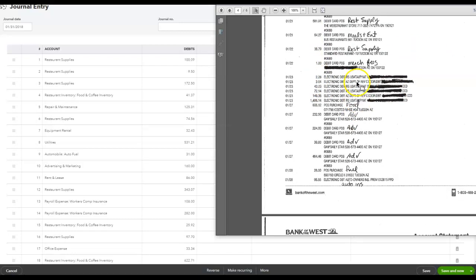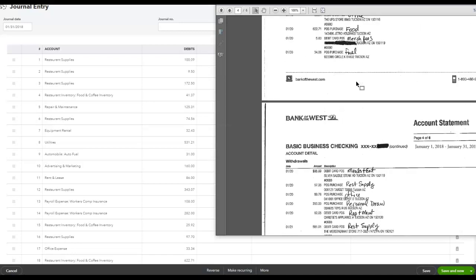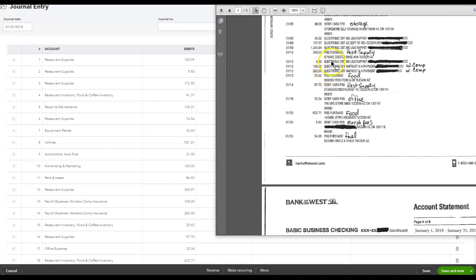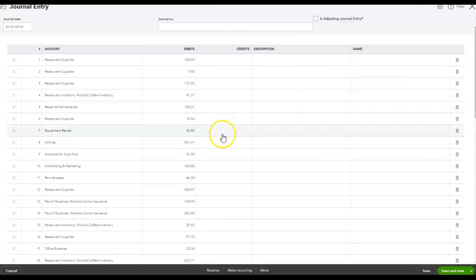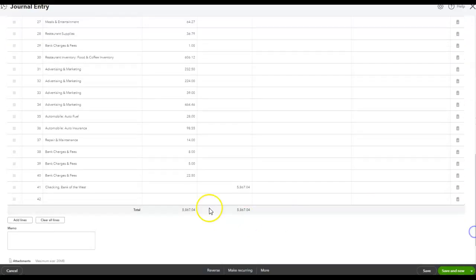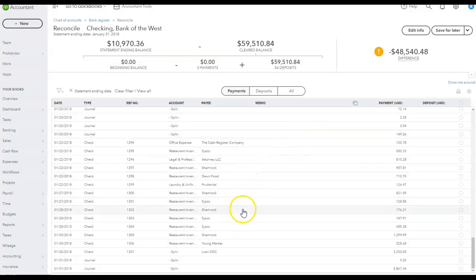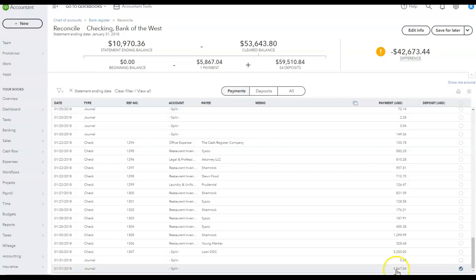So if I subtract all of those and I subtract these payments, including this 20 cents that we entered, I will come up with the total on my journal entry that I credited to the checking account. In other words, taking it out of the checking account. So I can actually go in here and check off this 5867.04 and this extra 20 cents.